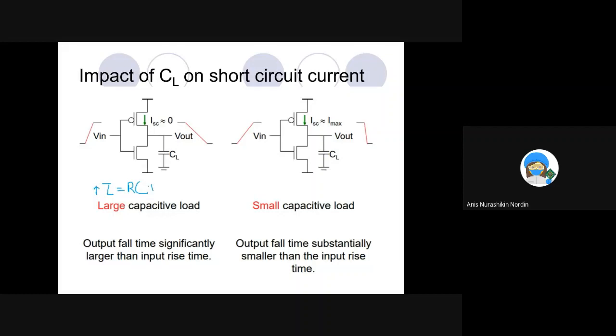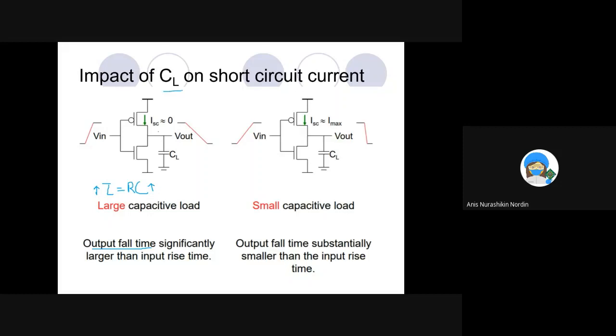Because it's proportional, your output fall time will be significantly larger than the input rise time. You learned about how to measure the fall time, right? So your circuit will be delayed and your fall time will be larger. Of course, the reverse is true. If you have a small capacitive load, tau will be reduced, so the fall time will be smaller than the input rise time. So this is the impact of the capacitive load.